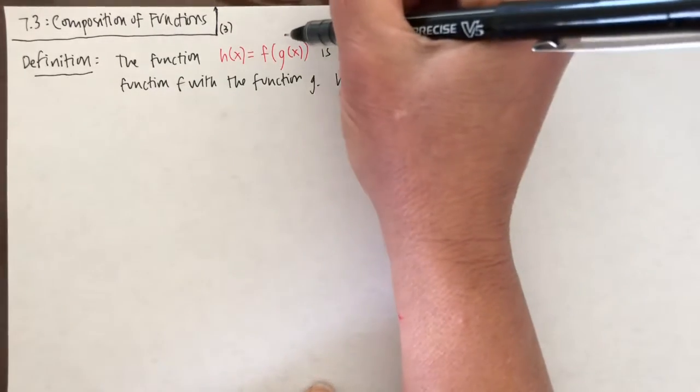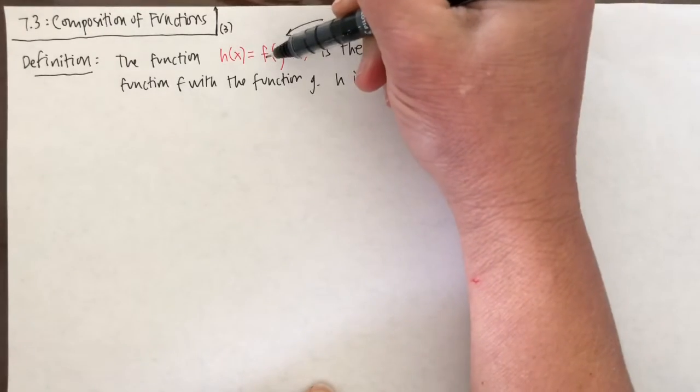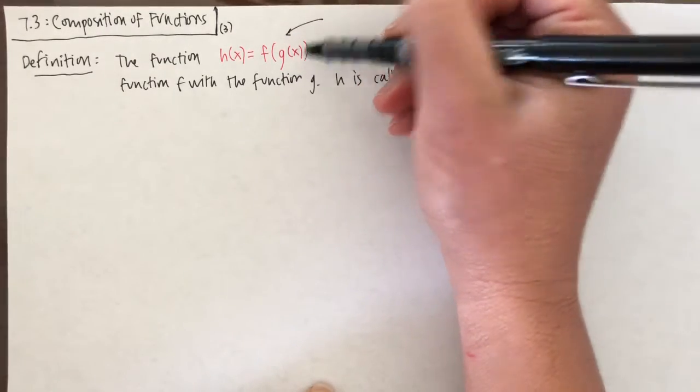So you probably heard me say it, but when you see this expression, this is read f of g of x.